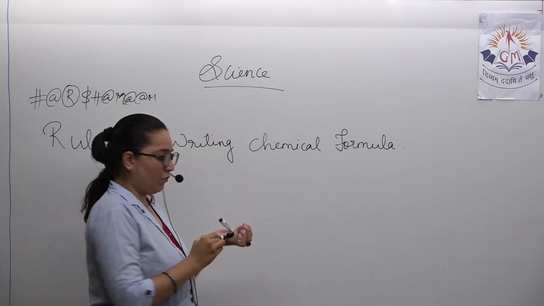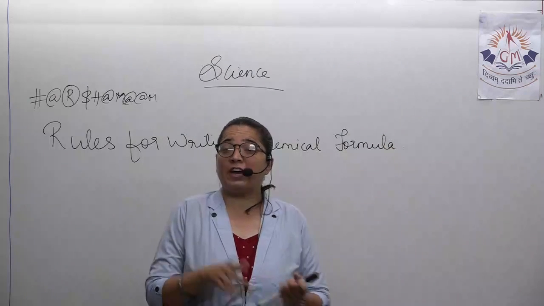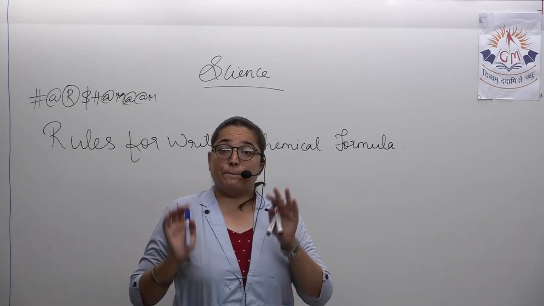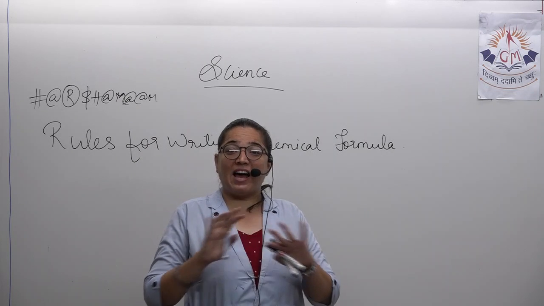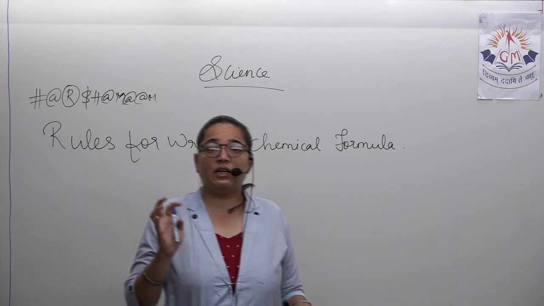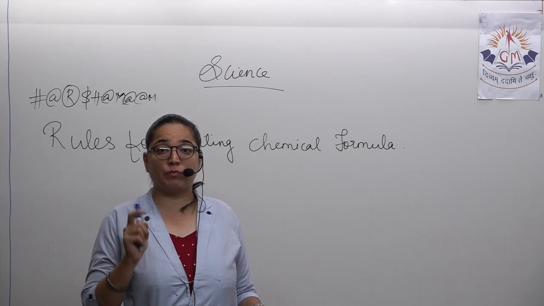Now, what are the rules for writing the chemical formula? The very first rule for writing the chemical formula is: balance the valency of the whole compound, that is, the total charge on the compound should be 0.